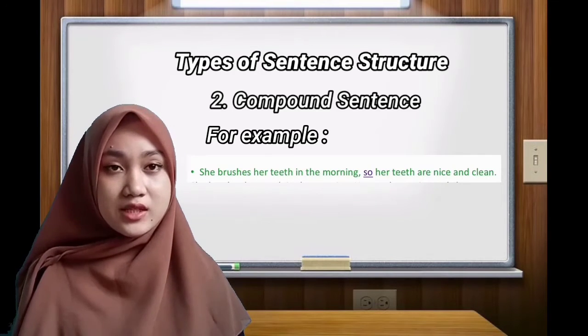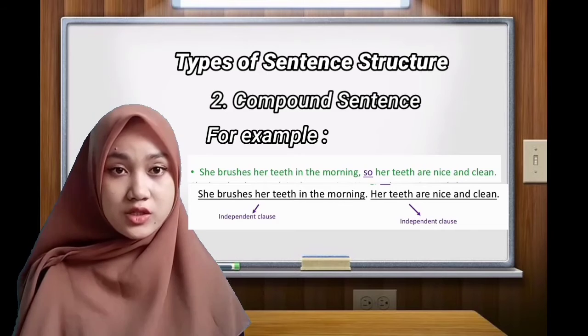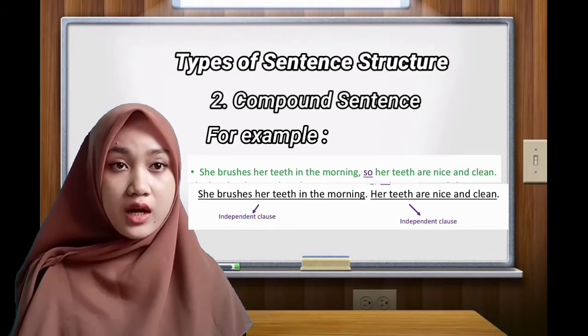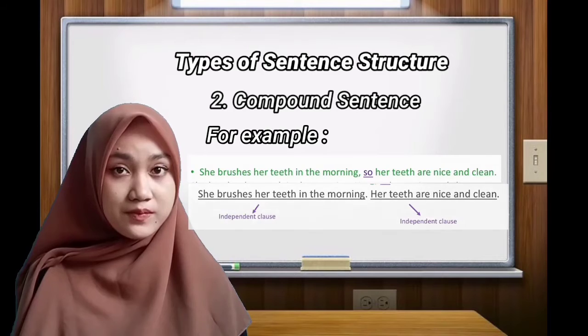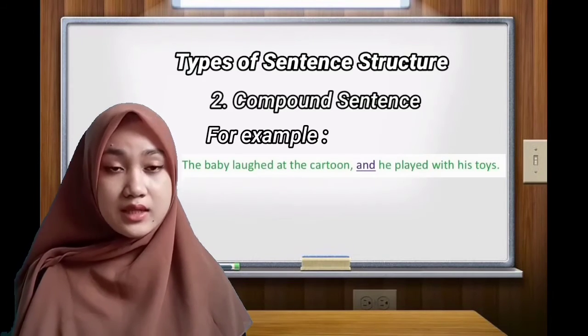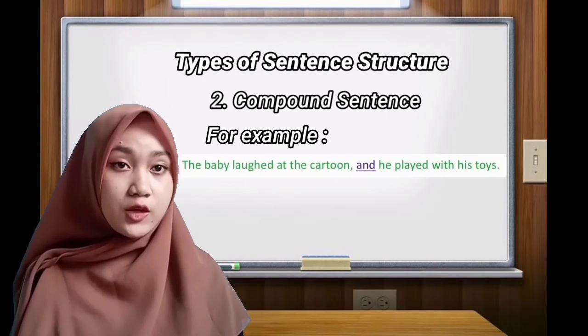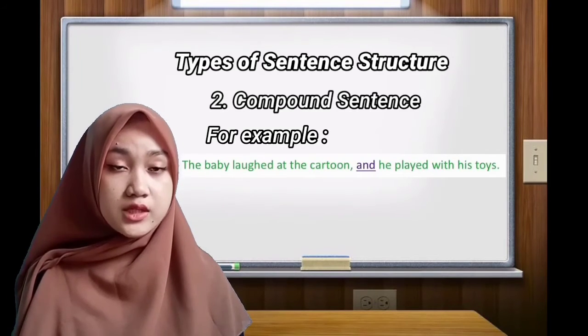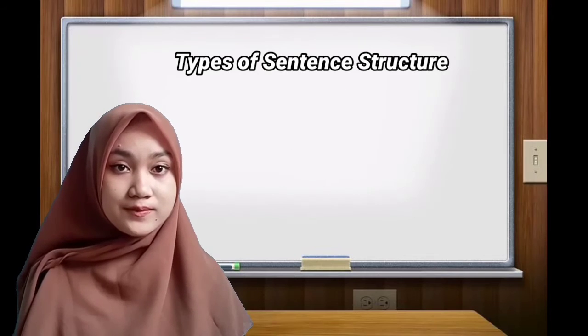Here we can see the sentence without the coordinating conjunction. We have two independent clauses that each make sense on their own as a separate sentence. Another example is the baby laughed at the cartoon, and he played with his toys. It's important to know that we use commas before the coordinating conjunction.